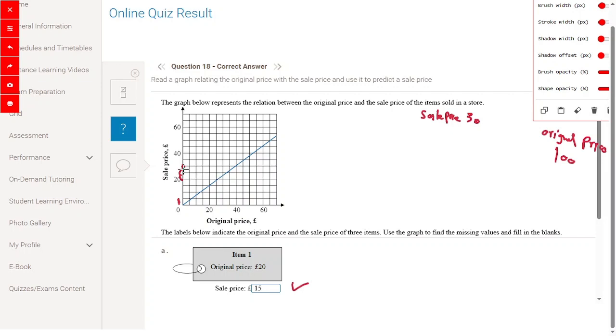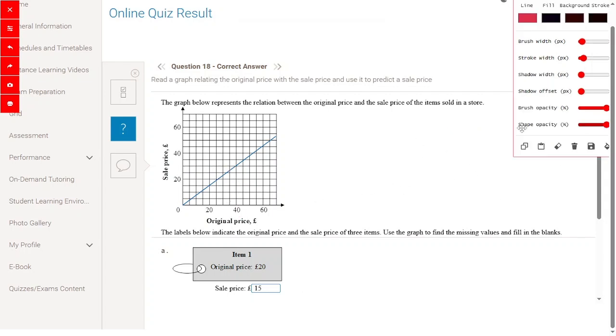Let's see what the value of the original price is. So we'll go horizontal here until we match the line. When we get to the line, then we'll go down here. So the original price is 40. So now we got that when the original price was 20 from the graph, the sale price was 15.